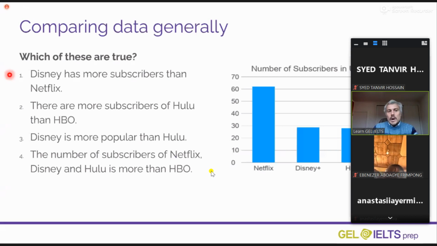I'd like to know which of these sentences are true. There are 4 sentences.